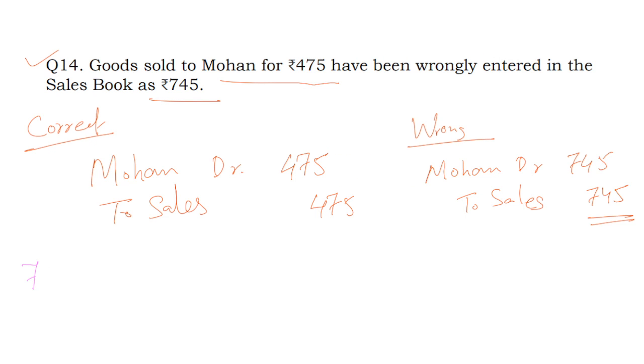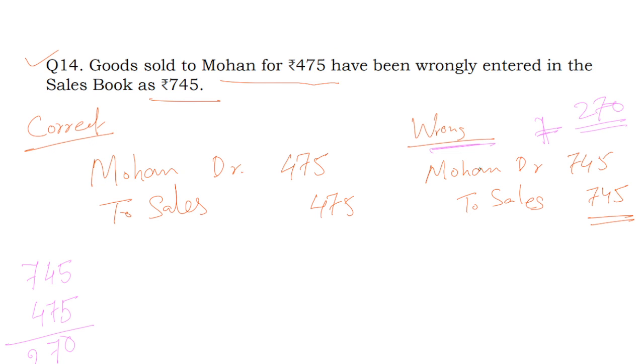It is recorded as 745, but the correct amount is 475. That means 270 extra, wrongly written more.